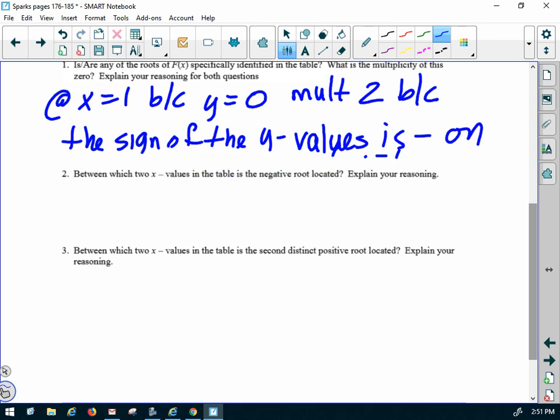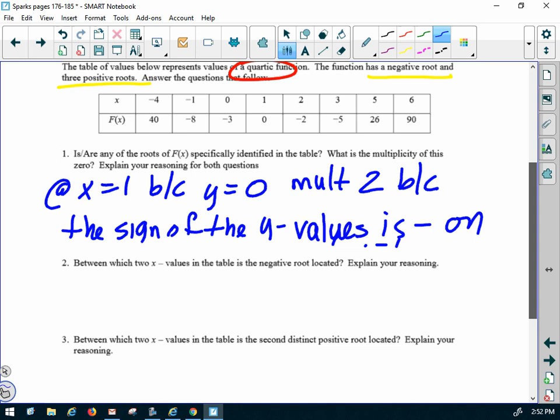Let's look at number 2. Between which 2 x values in the table is the negative root located? Why is the negative root between -4 and -1? Well, that's beautifully said. There's a sign change in the y values, or the y values change sign. Good.